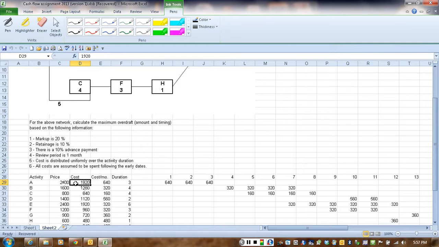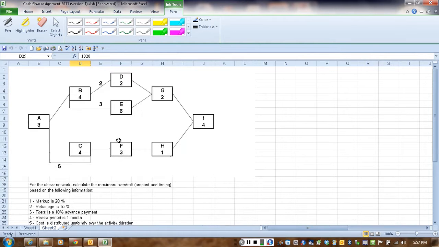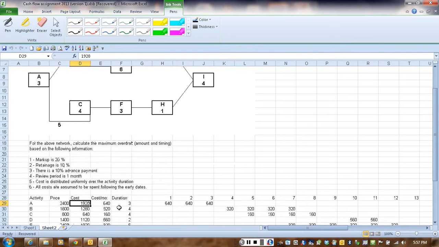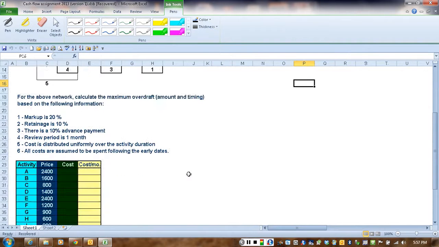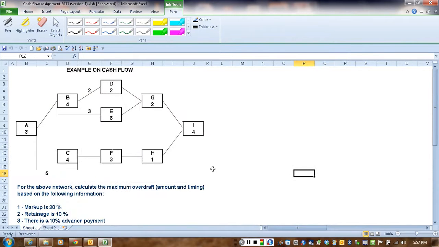This cost, which is 80% of the price, and then we divided the cost by the duration to get the cost per month. We already have the duration in the table. Therefore, what we have to start with here is we have to solve this network. We don't really need to solve the whole network, we need to just solve for the forward pass of this network. So let's start doing that.